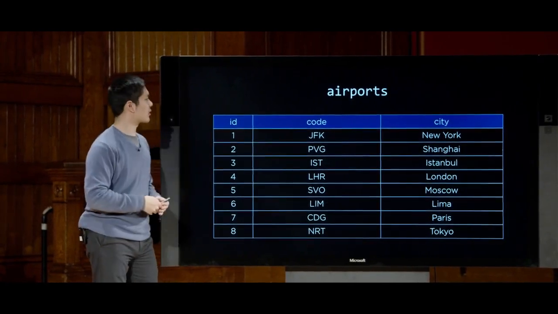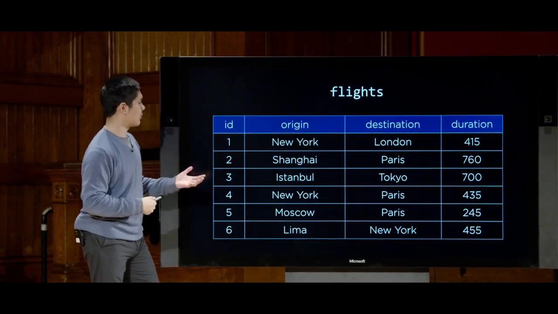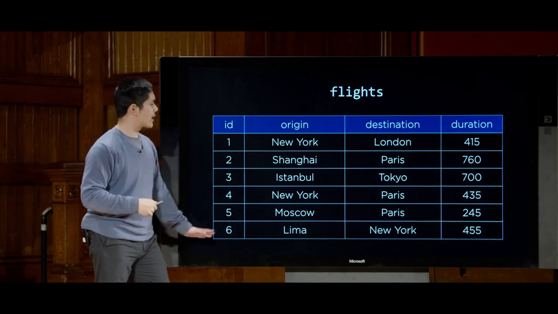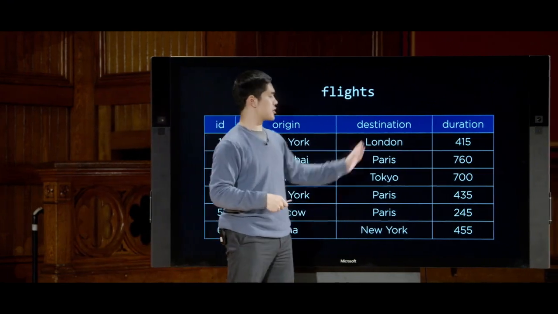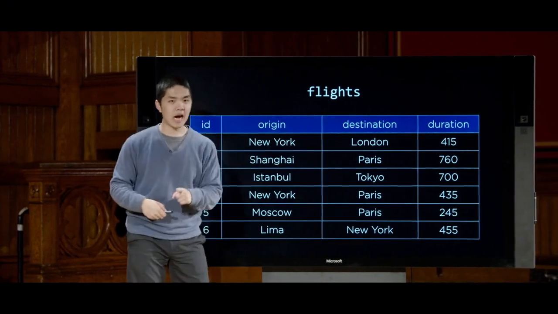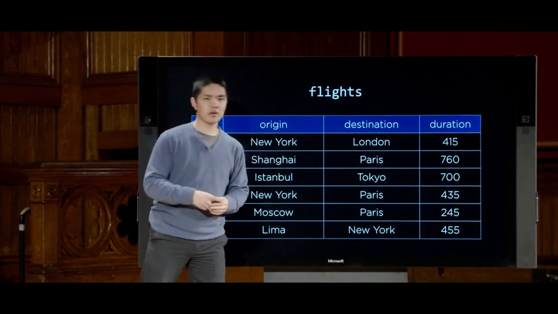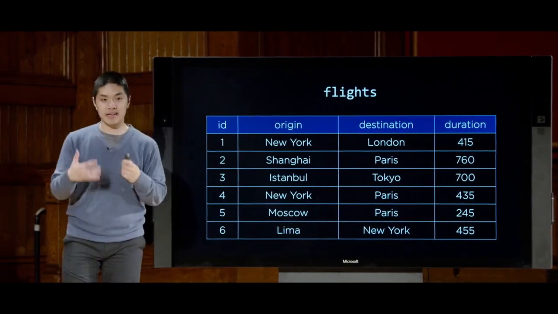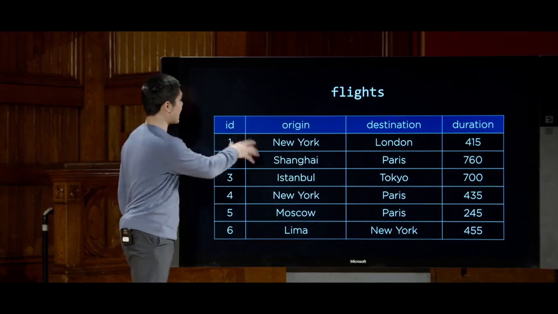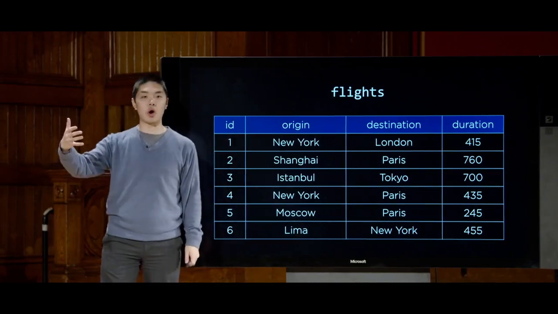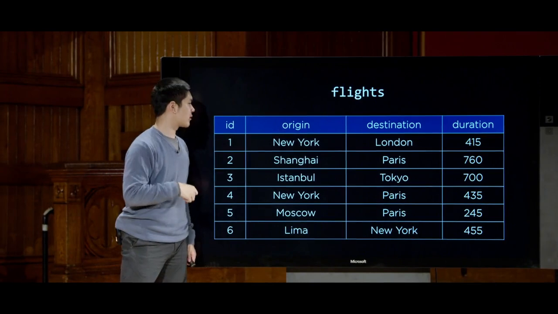And the question becomes, what happens to my flights table? My flights table here had an ID, origin, destination, and duration, where the types of origin and destination were just text, text-based data representing the name of the city from which the flight is departing or to which the flight is arriving.